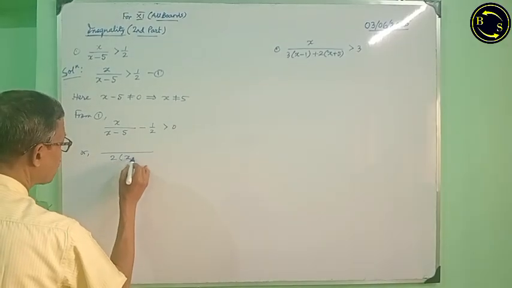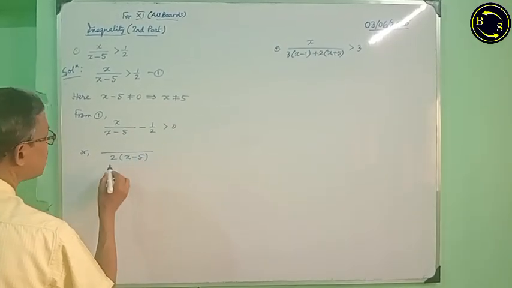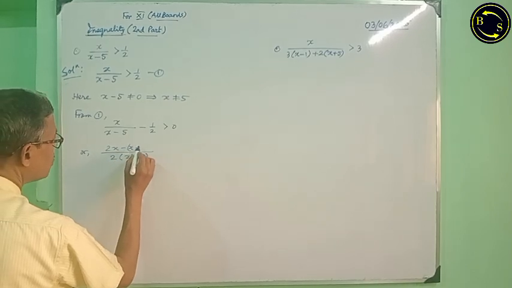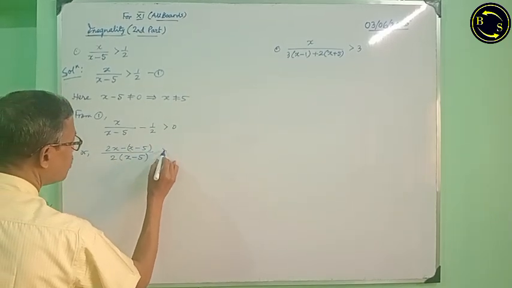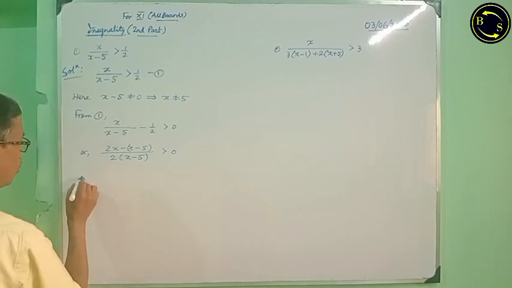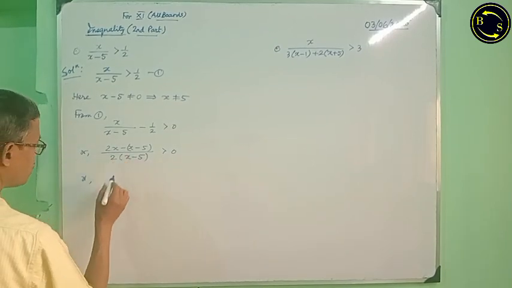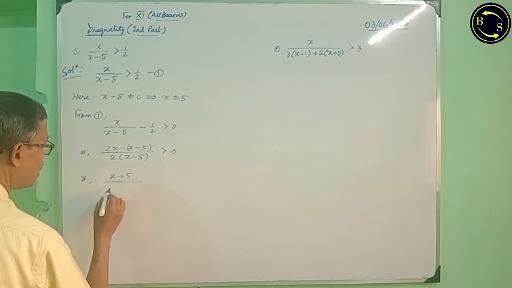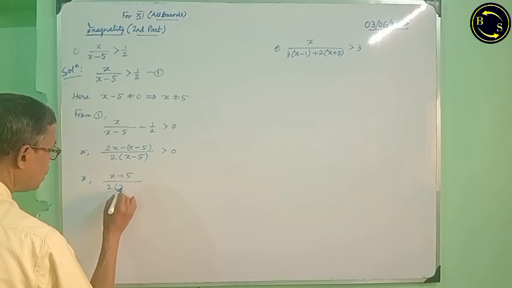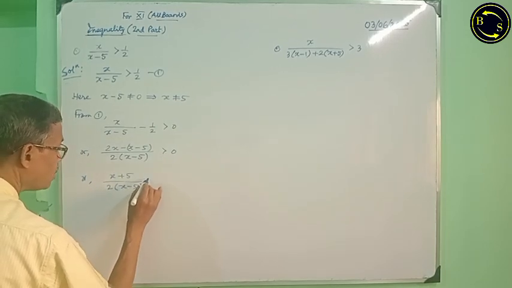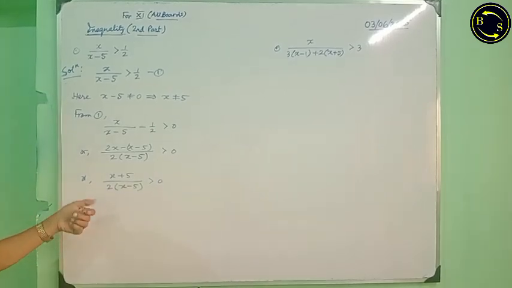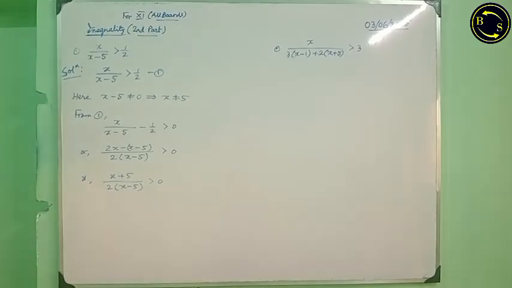2 within brackets x minus 5, 2x minus x plus 5 by 2 x minus 5 greater than 0. Now to remove 2, which is a positive number, we multiply both sides by 2.